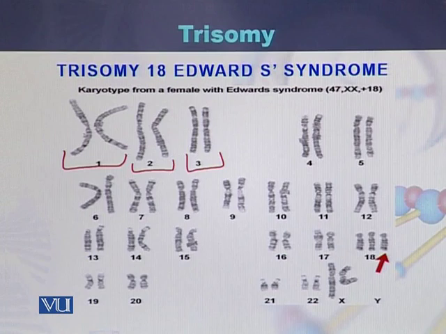But in case of chromosome 18, we can see that there are 3 chromosomes. So because there are 3 chromosomes of chromosome 18, we call it trisomy of chromosome 18 or trisomy 18. The disease caused due to trisomy 18 is called Edwards syndrome.